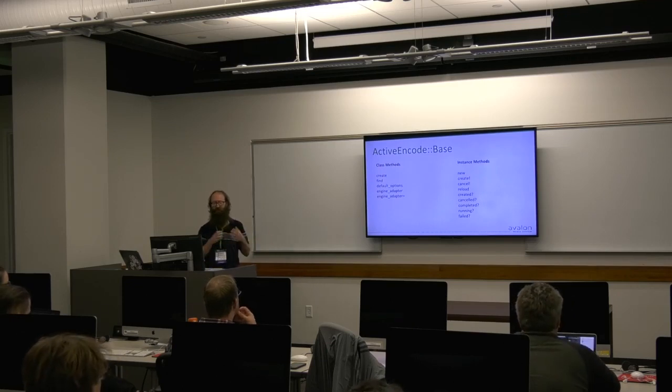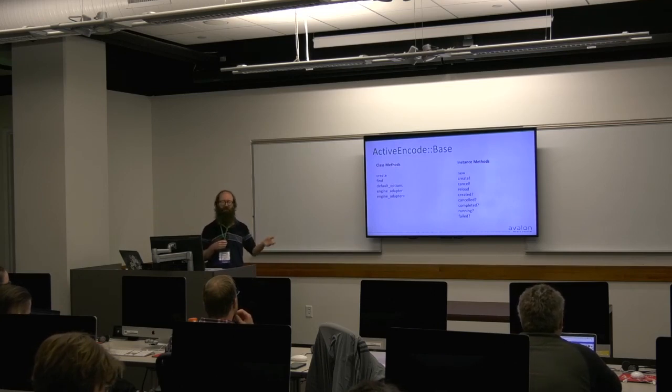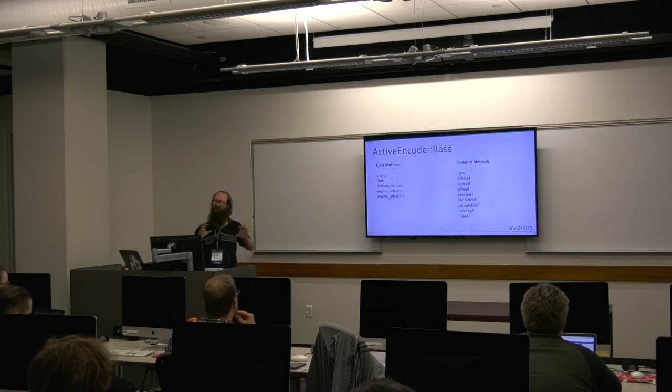New will build up that Ruby object instance; create will actually send it off. You can cancel it. You can call reload, which, similar to find, will just fetch and refresh the information. So it's all meant on this decoupled, asynchronous pattern of I kick it off and then it just runs, and when I want more information, I can call find on it again and get that newer information.